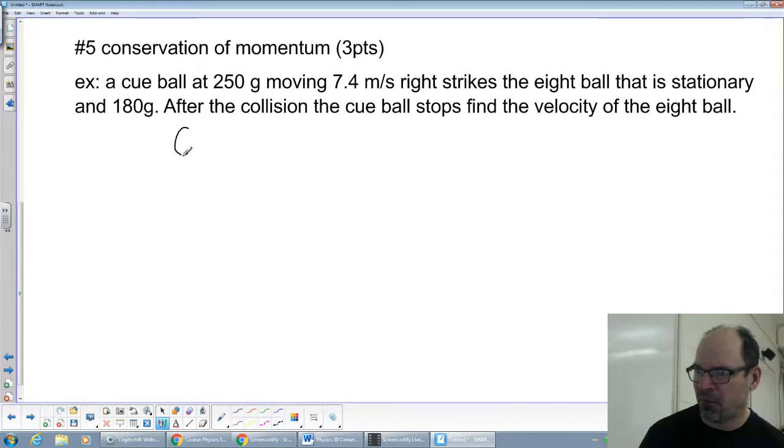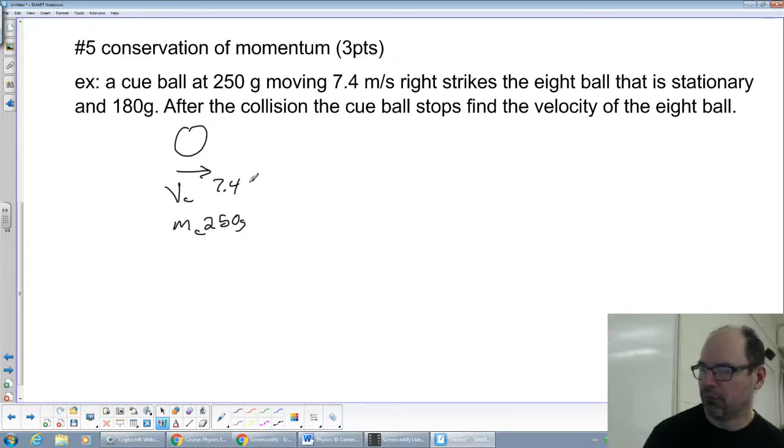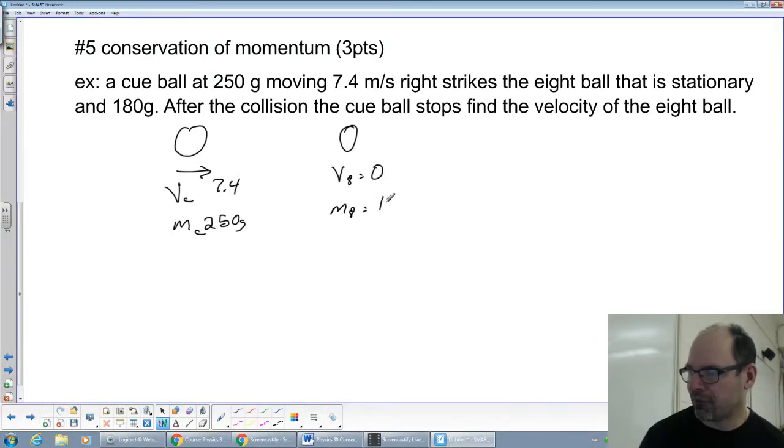So we've got a cue ball that's moving 7.4 and has a mass of 250 grams. The 8 ball has a mass of 180 grams.